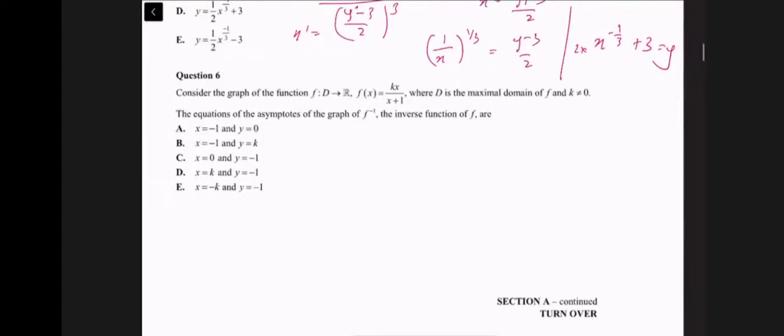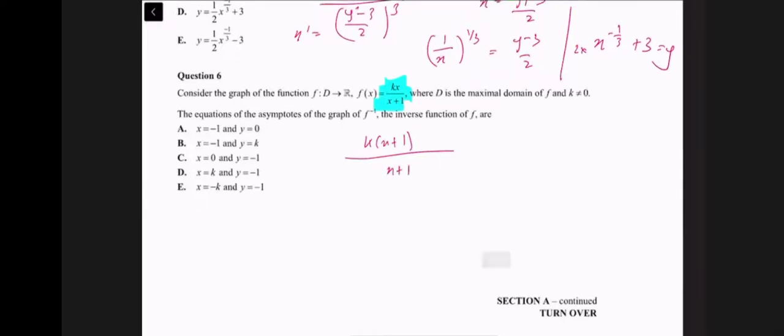So the equations of the asymptotes of the inverse function. If we have a truncus, to find the asymptotes, the easiest way is to simplify the fraction so that it's a proper fraction. So if we have kx plus 1, we have to mimic the denominator and then rebuild what we had before.